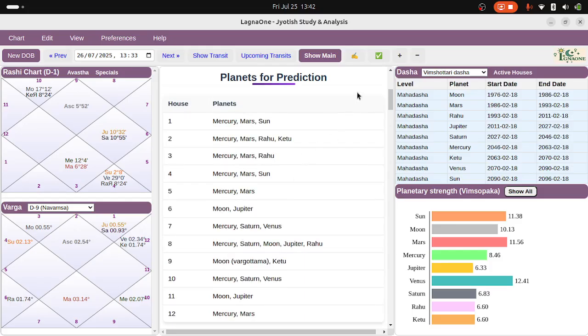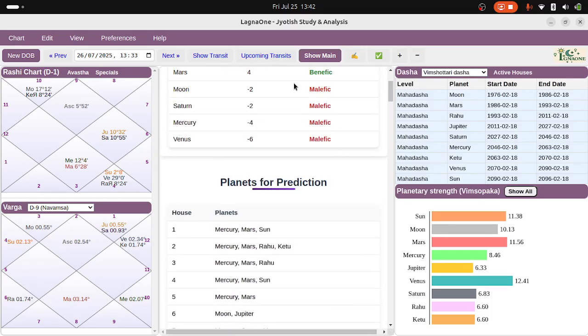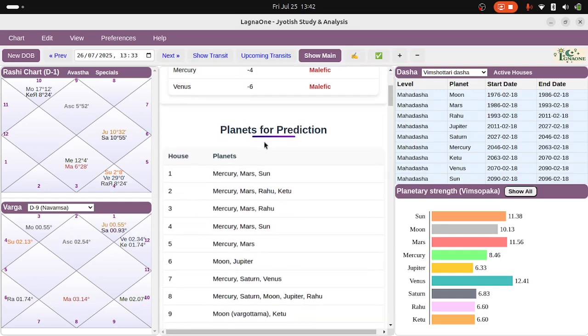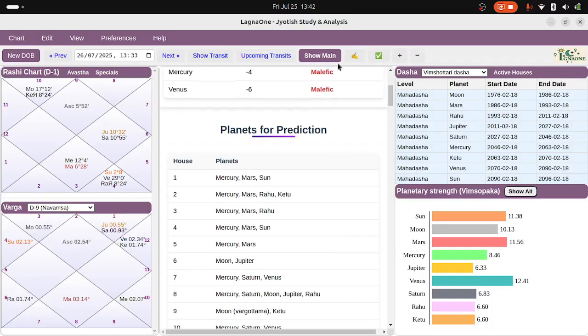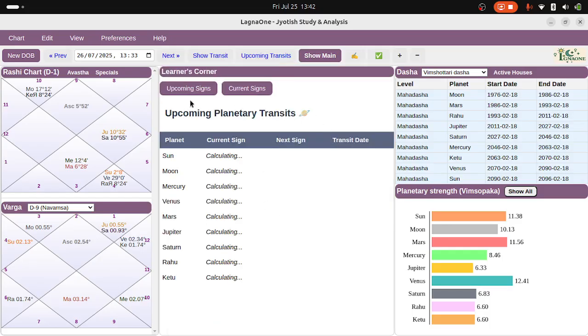So this is the second predictive feature, and the third one is the transit. This one is useful both in dasha and transit, by the way. That was purely for dasha, but this one is upcoming transits, in the main panel. By default, it shows the upcoming transit.